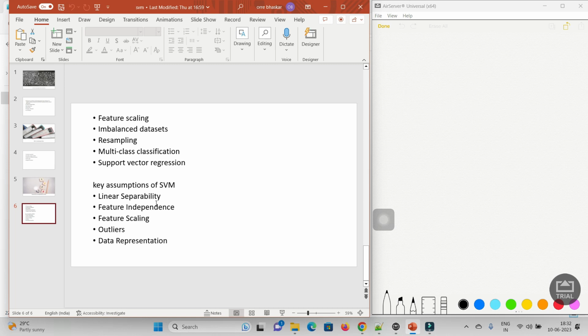We hope you now have a solid foundation and understanding of SVM and its application. But remember, learning doesn't stop here. We encourage you to explore SVM further and experiment with it in your own machine learning projects. Don't hesitate to tweak hyperparameters, try different kernel functions, and embrace the power of SVM in your quest for accurate predictions.